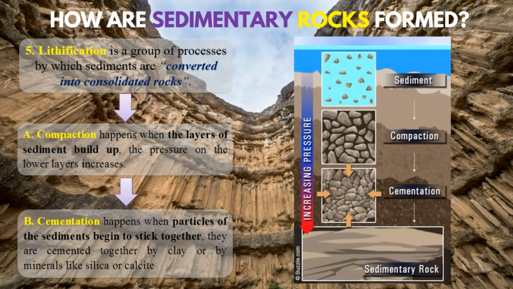Here's an illustration wherein we can see compaction and cementation. So through time, the rock fragments that are deposited in this place will increase in pressure that eventually will result in the formation of a new type of rock, which is a sedimentary rock, which can have different layers.